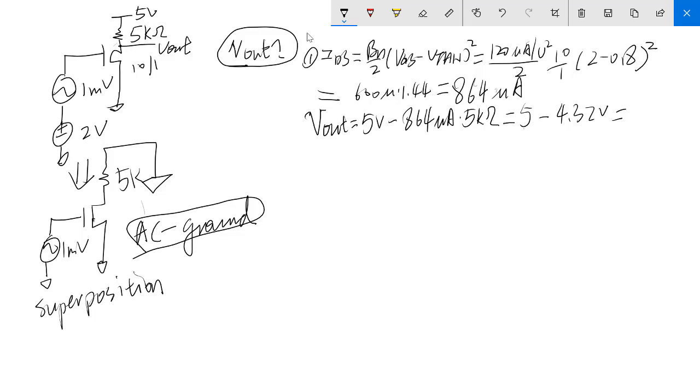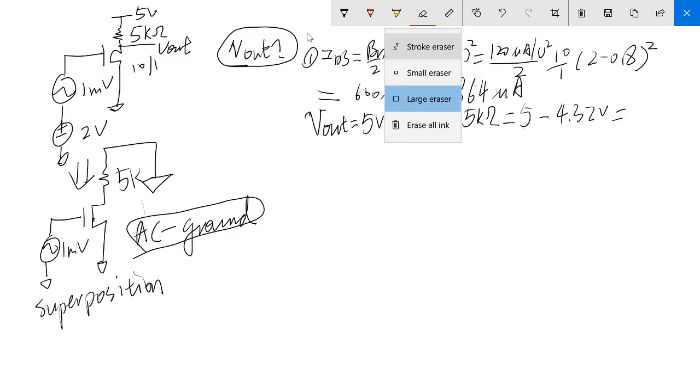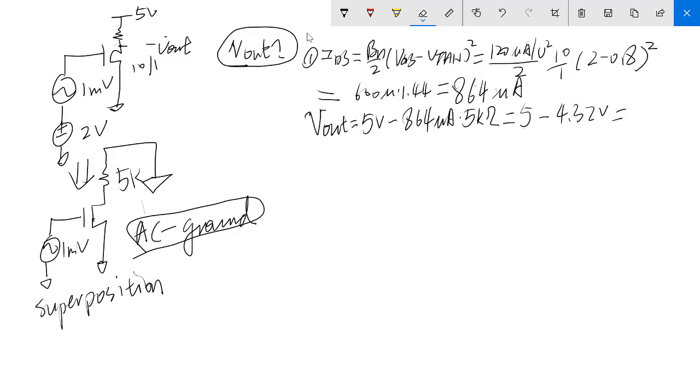Now you can see that actually the resistance really affects the value. So let's make it smaller. Just do 1K, for example. Okay, so now it's a 1K ohm resistor.